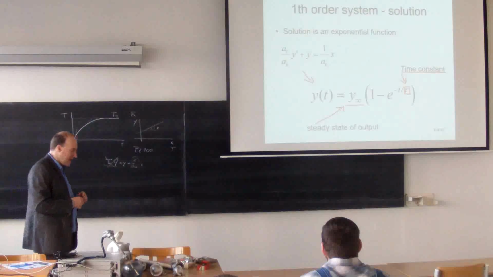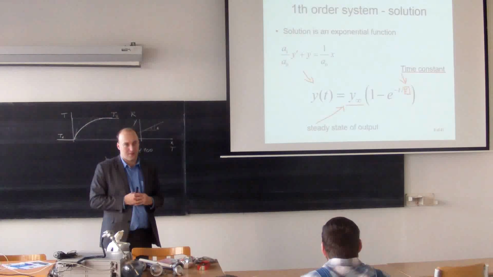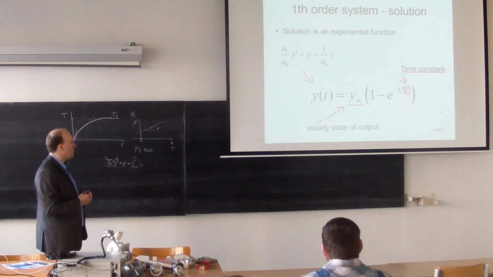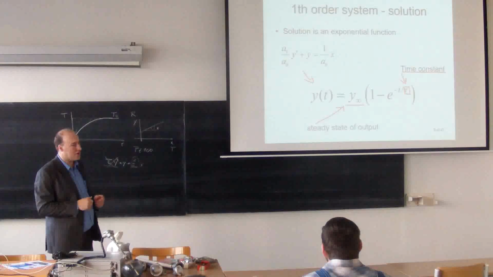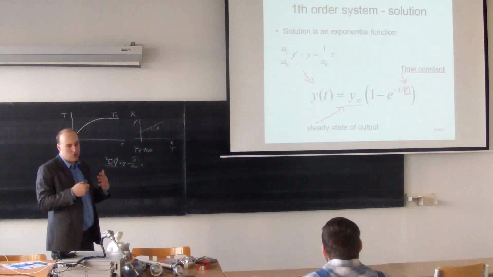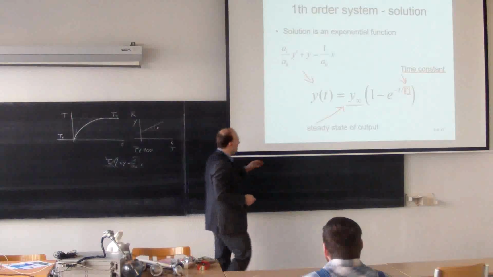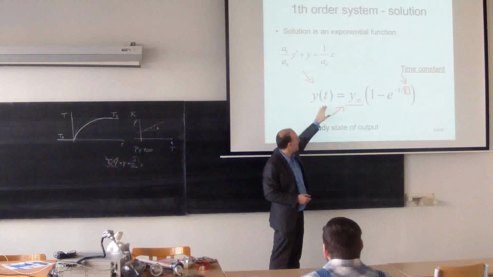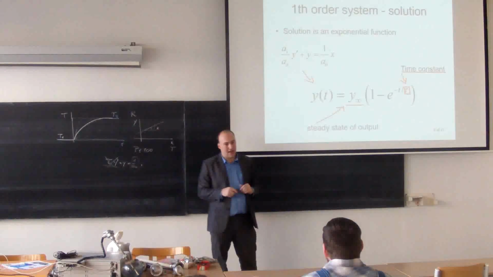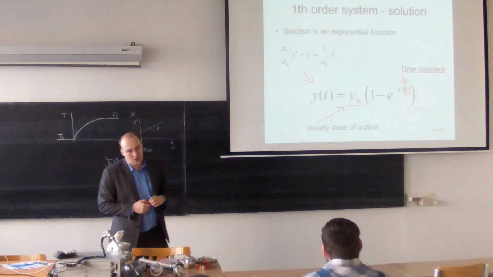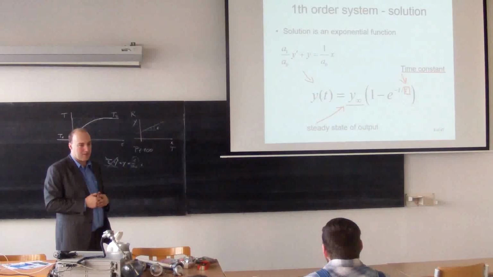Let's examine the solution of the differential equation. From mathematics, we should know that if you have first order differential equations with constant coefficients, then the solution is an exponential function, and the output is a function of time, and it has this form. There is some constant, and this constant describes the value of steady state.